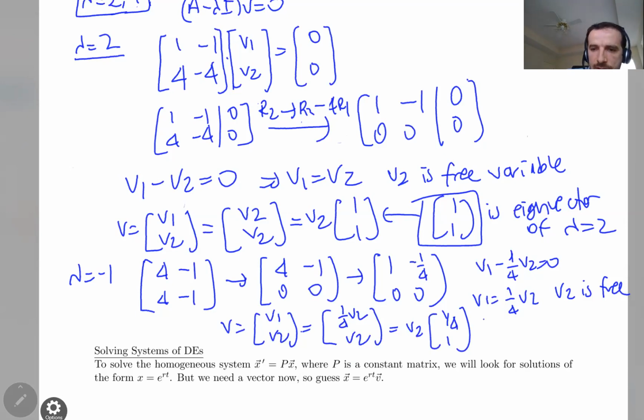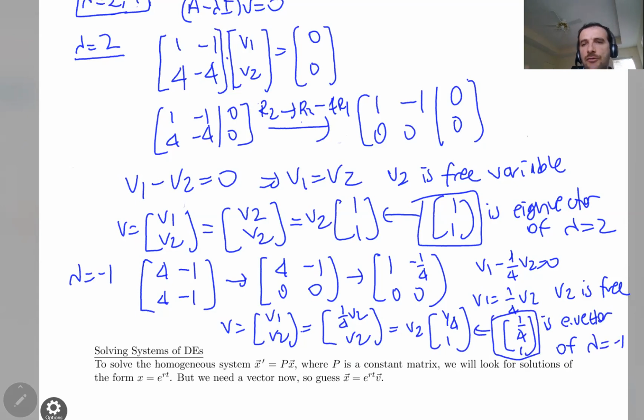So this implies that this vector here, 1 over 4 comma 1, is the eigenvector of lambda equal to -1, okay? This is how you find eigenvectors.